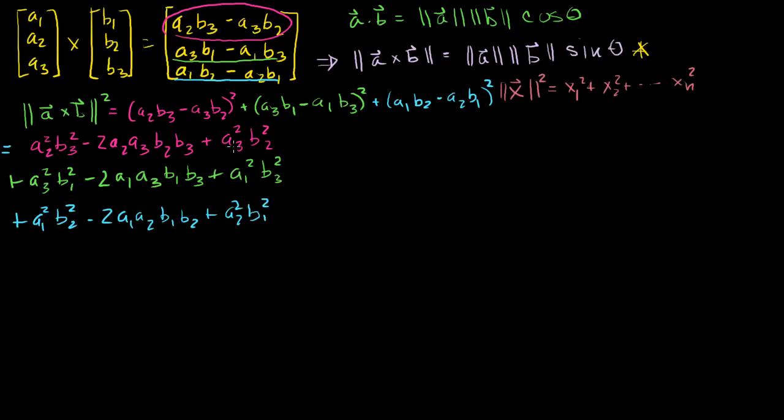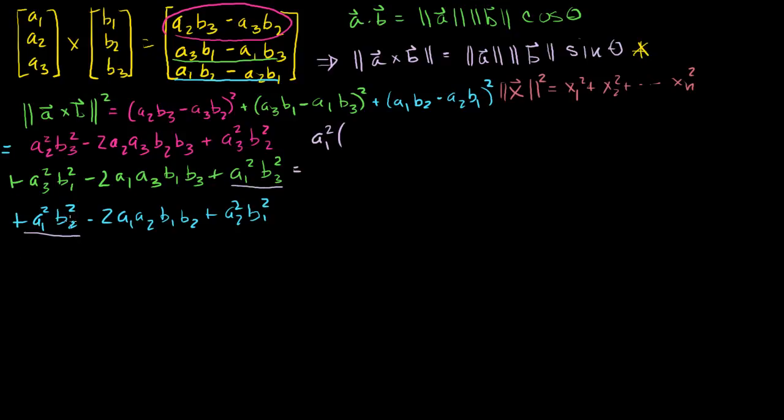So there you go. Now let's see if we can write this in a form that I know will be useful later. What I'm going to do is factor out the a1, a2, a3 squared terms. So this is equal to a1 squared, where are my a1 squared terms? I have that one right there and that one right there.